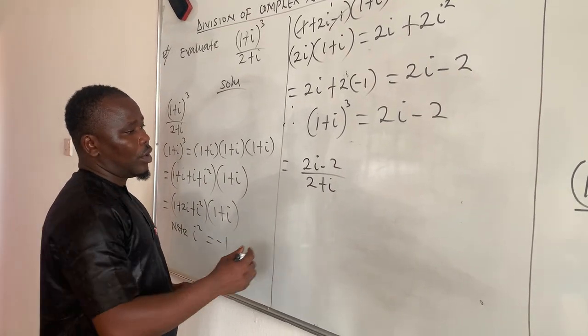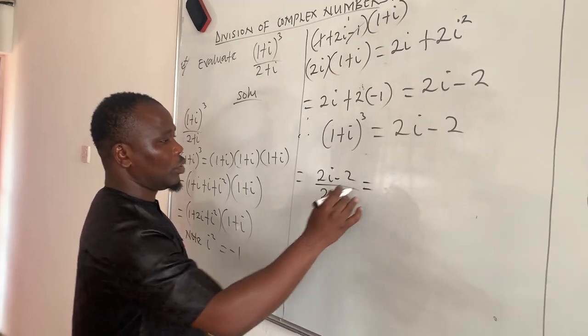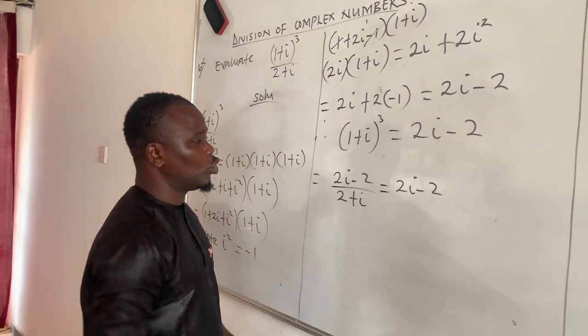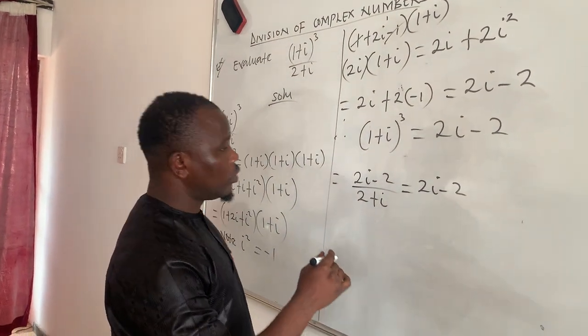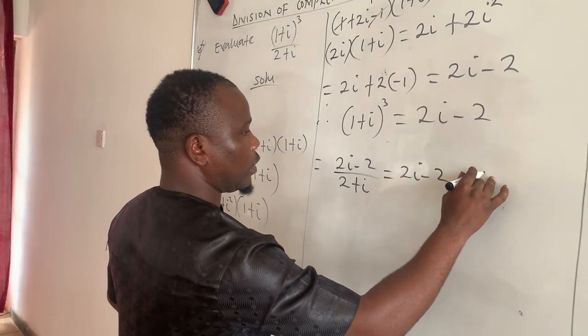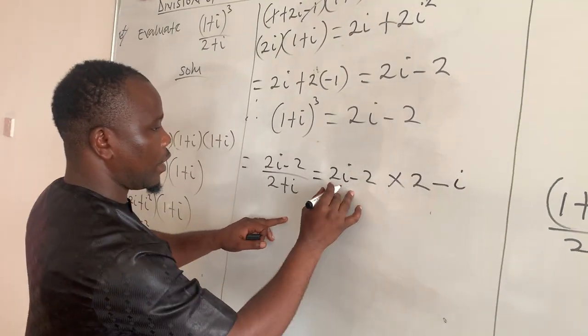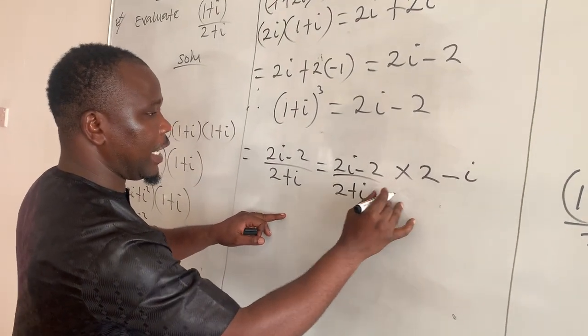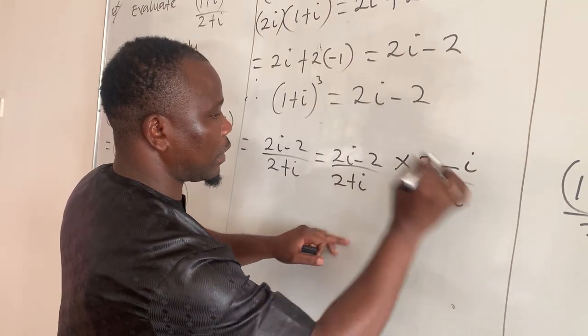We are going to write this as 2i minus 2 times 2 minus i, all over 2 plus i divided by 2 minus i.